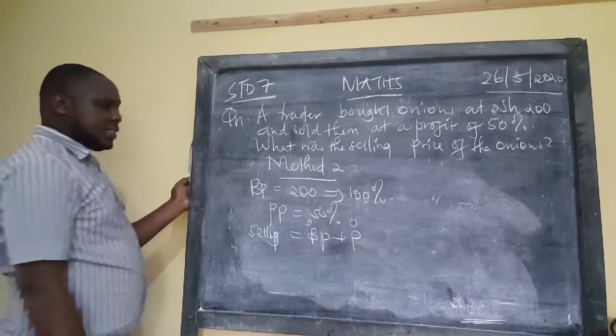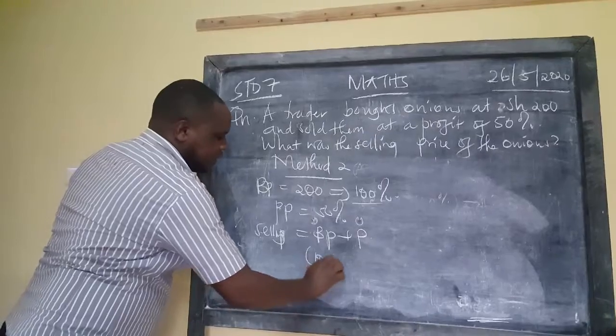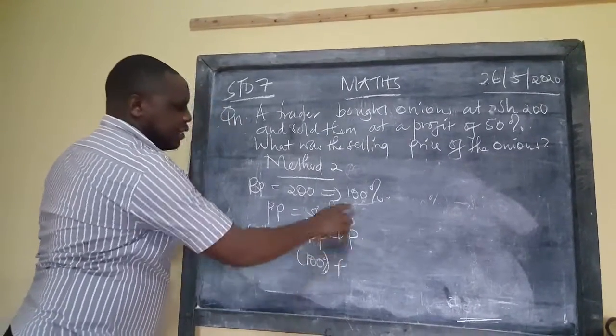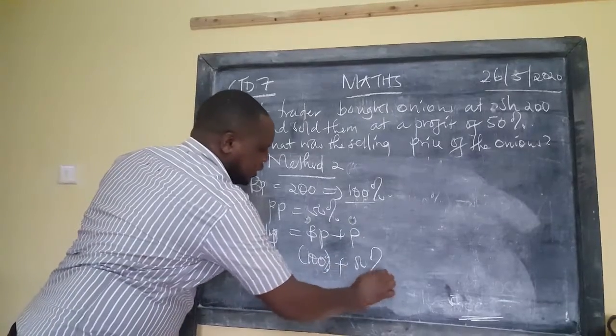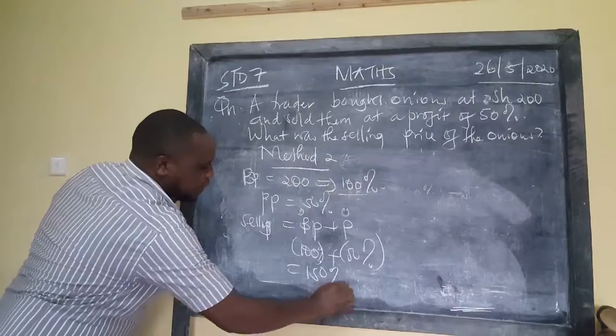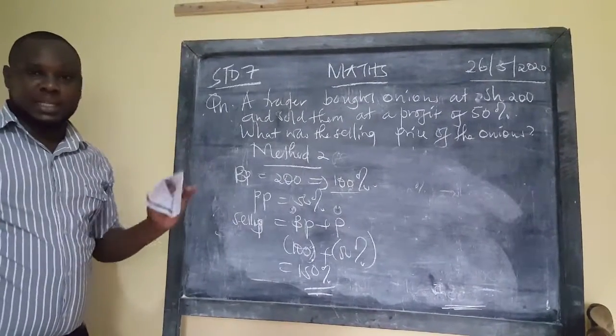In this case, our buying price in terms of percentage is 100%, plus the profit of 50%. If you add the two, you get 150%. So this person sold these onions at 150%.